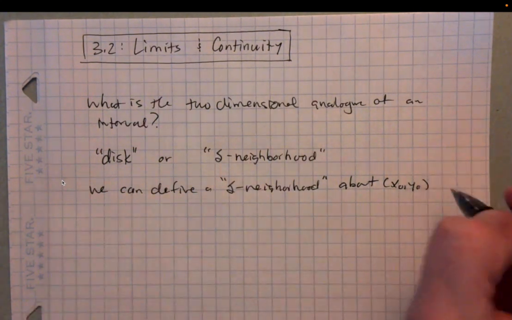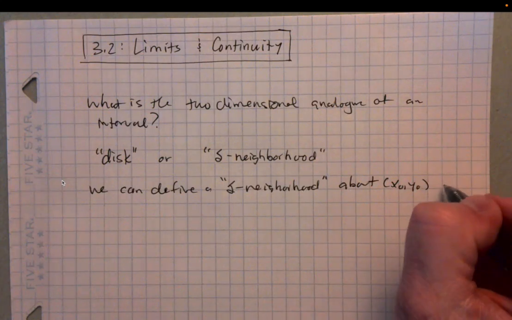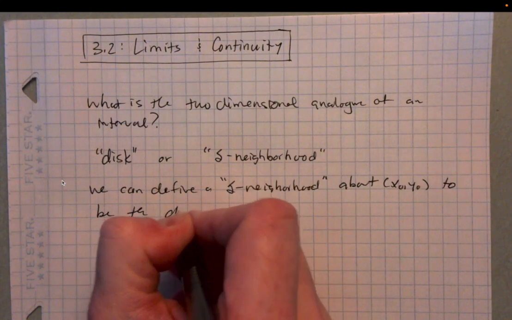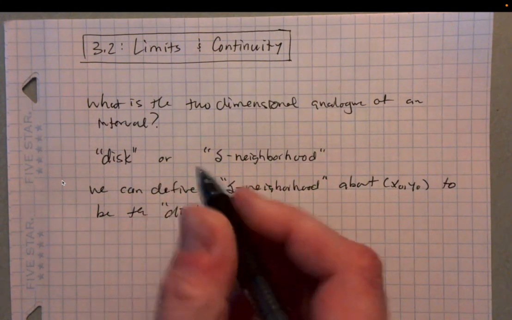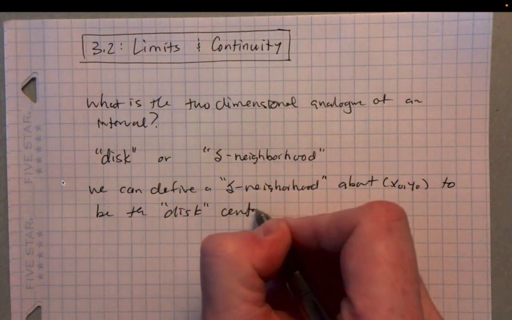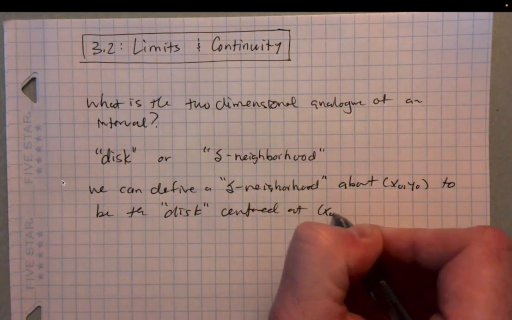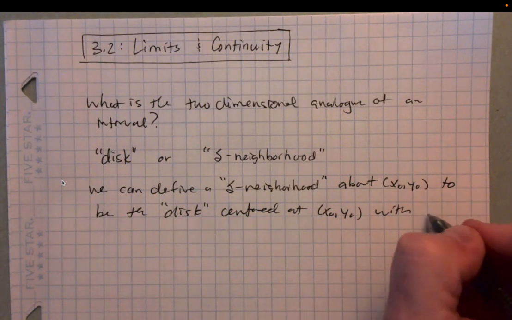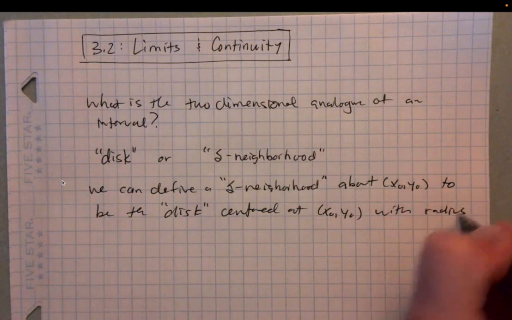So we can define a delta neighborhood about x0, y0 to be the disk centered at x0, y0 with radius delta.